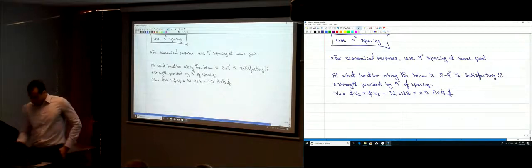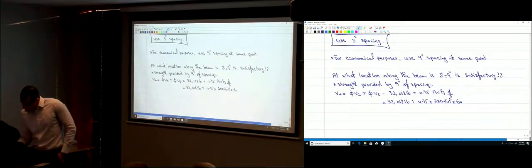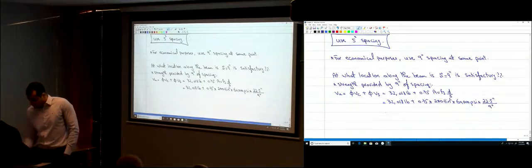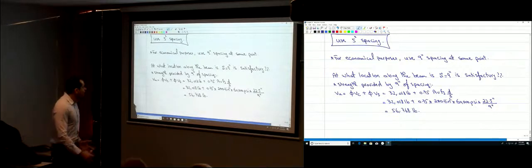So here I have 32,018 pounds plus 0.75 times Av, which is 2 times 0.11 inches squared, fy is 60,000 psi, d is 22.5 inches, divided by the spacing of 9 inches. That is equal to 56,768 pounds.